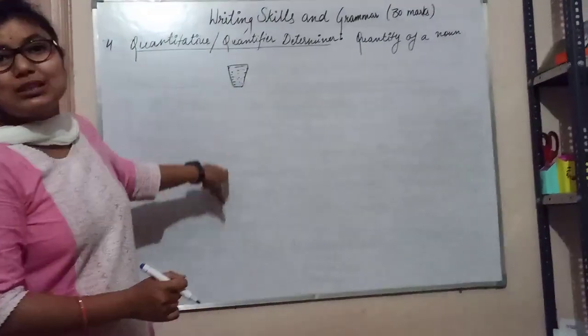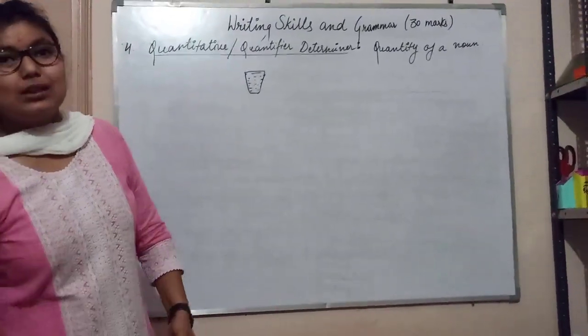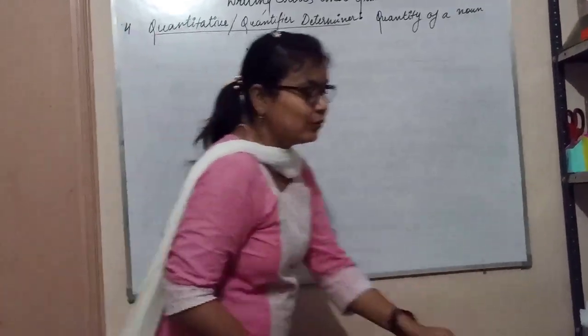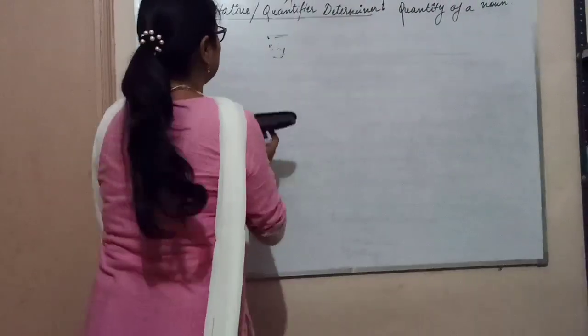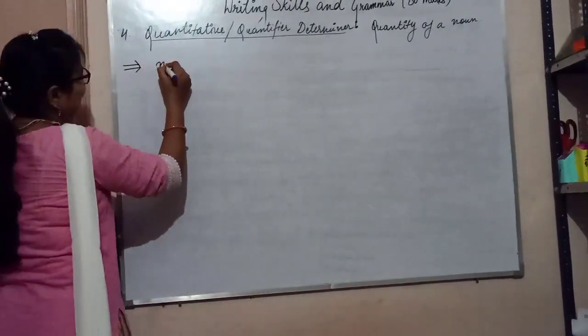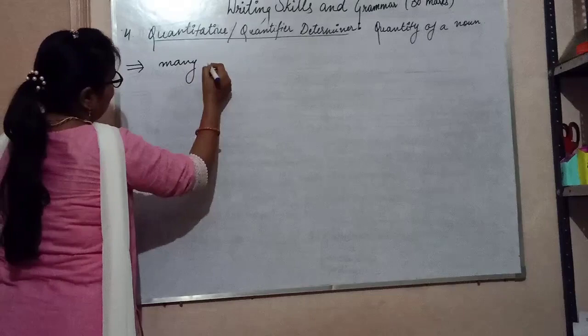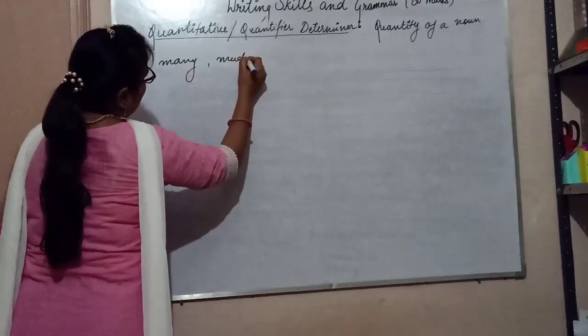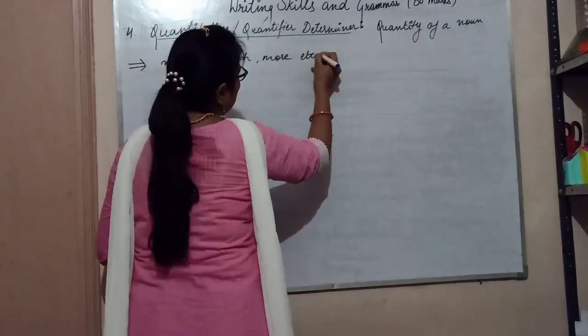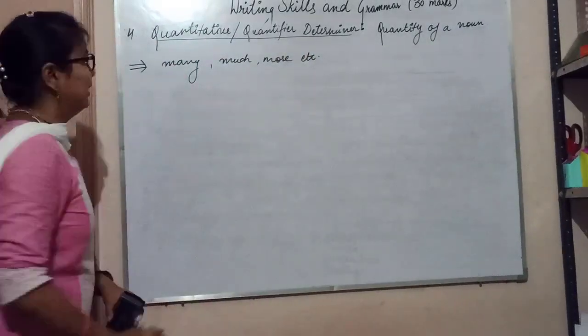You are going to say some water, much water, more water. So quantity here means not the numbers. Examples: many, much, more, etc.